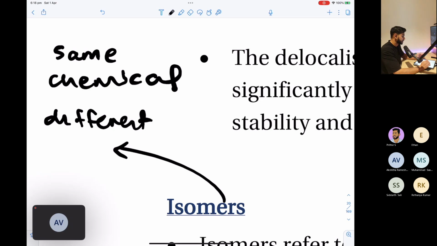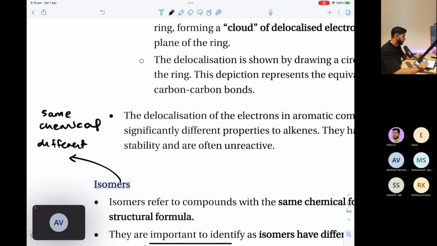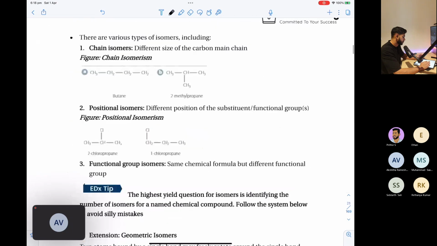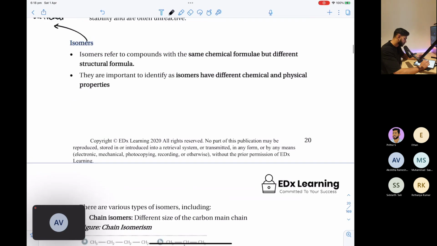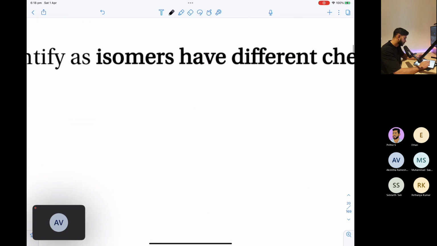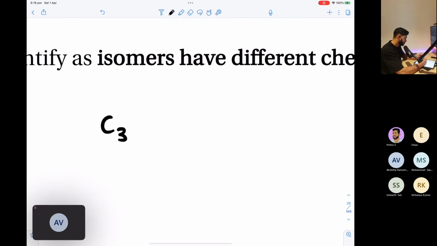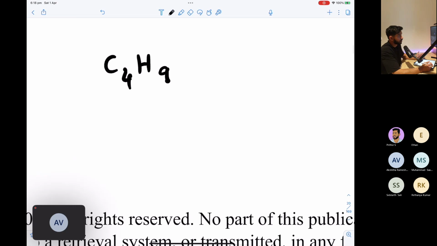Let's go through a very simple example of this. If I was to show you C4H10, this is a chemical formula.